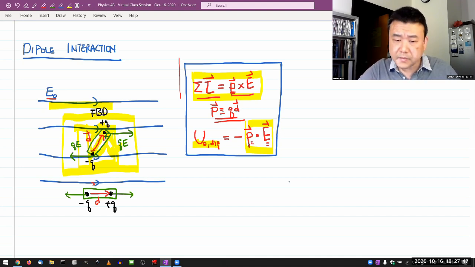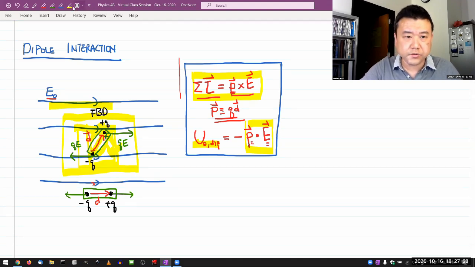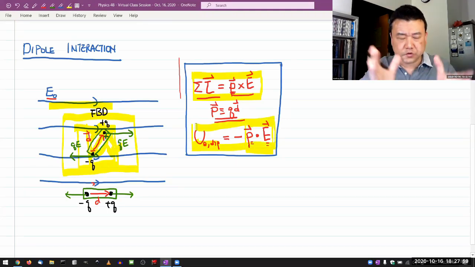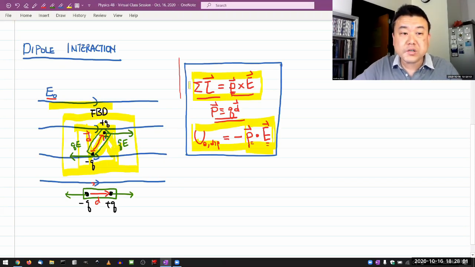And let's see. I said this would be the second to last thing about interaction I would talk about. And yeah, I probably should at least mention the term and the idea of self energy.